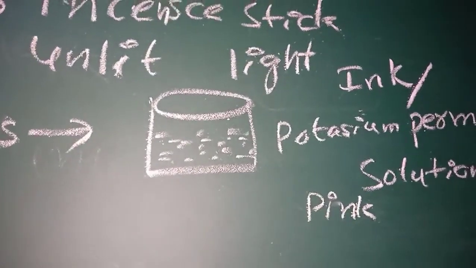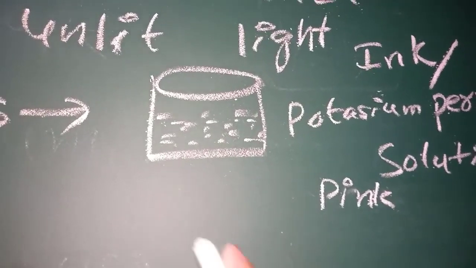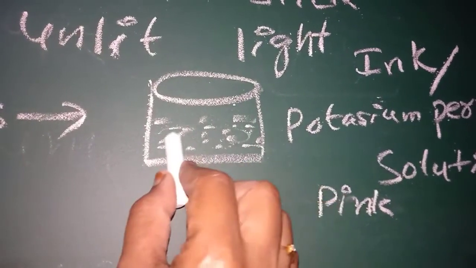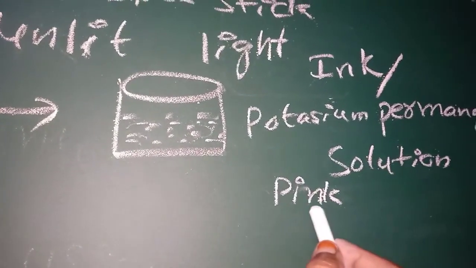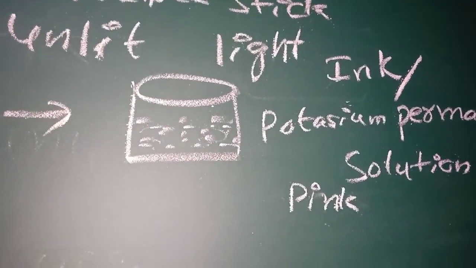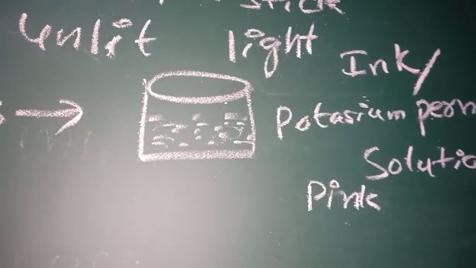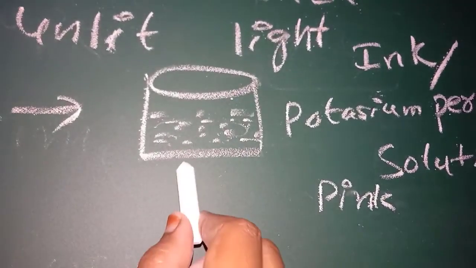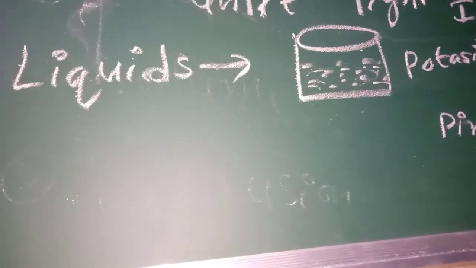We can observe that after a few seconds, all the water becomes pink in color. If you add some ink that is blue or red, this water will become blue or red. So liquids also have the diffusion property.